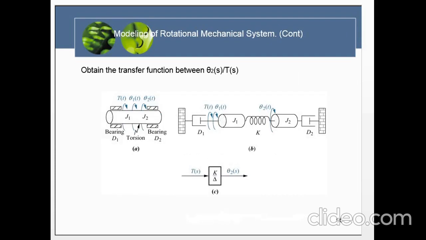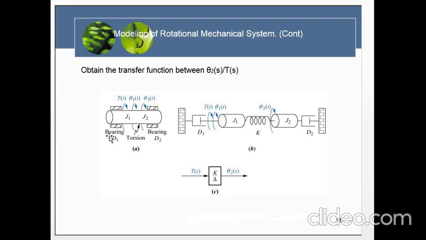Okay, and here is the example: obtain the transfer function between theta 2(s) per T(s). It is our system. It is a bearing, also a bearing, and the friction works in this system, with theta 1 on this side and theta 2 on this side.